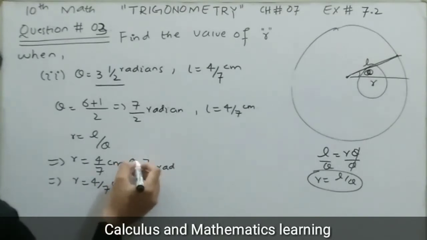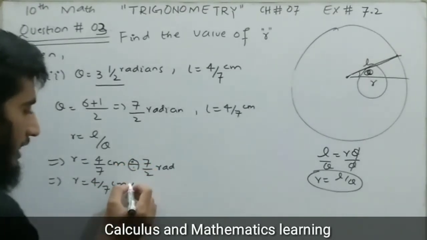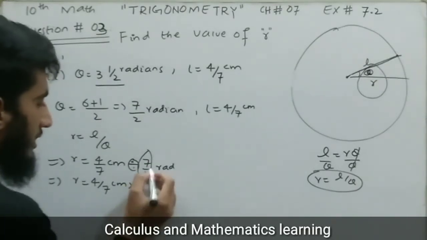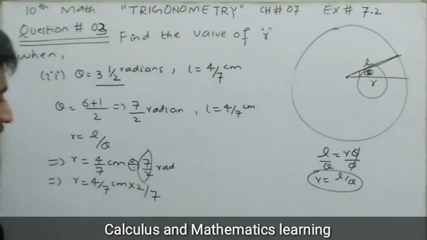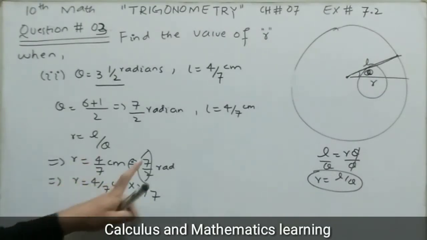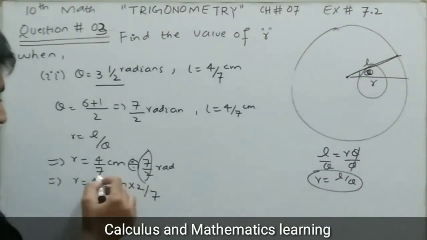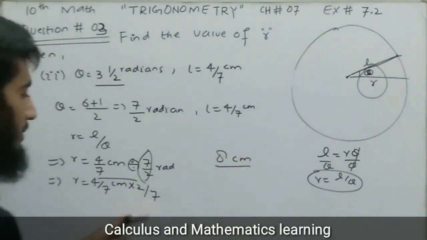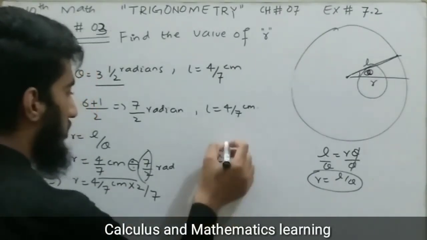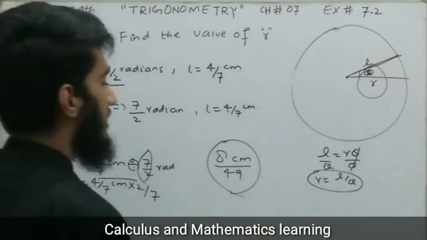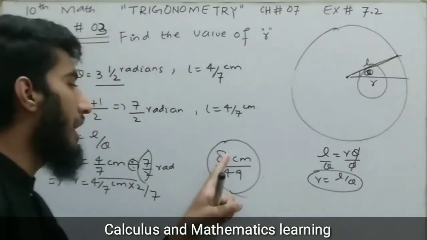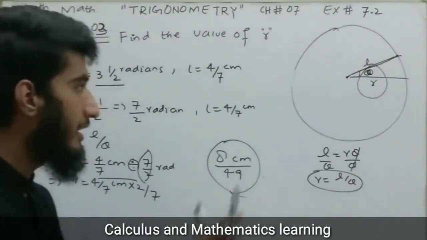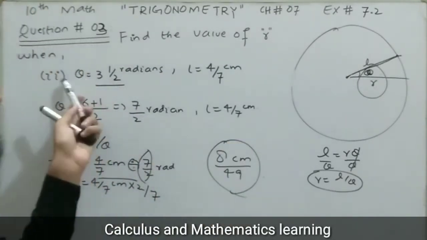Now if we convert this division sign into multiplication, the second term will be reciprocated. So 2 will move to the numerator and 7 will come down to the denominator. Now 2 multiplied by 4 will give us 8 centimeter, and 7 multiplied by 7 will give us 49. So this is the required radius of the circle. You can also calculate the exact value of 8 divided by 49 through a calculator. So this is the desired answer for the radius of the given circle for part number 2.